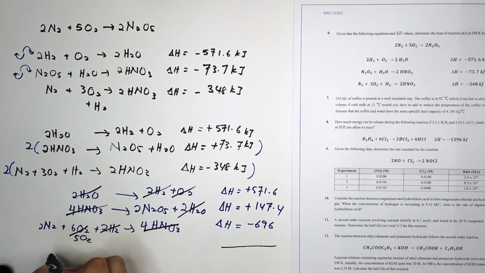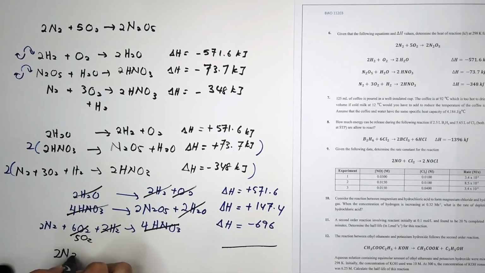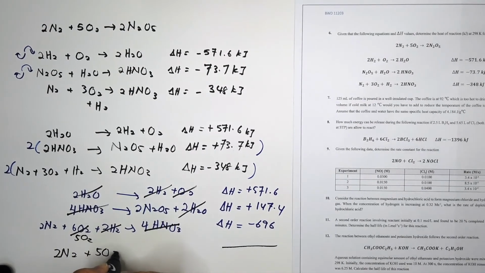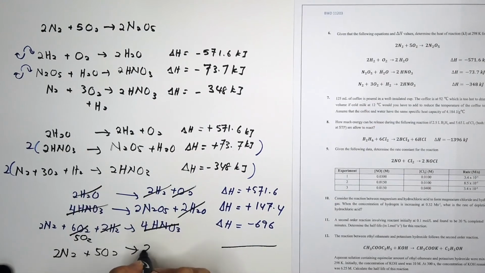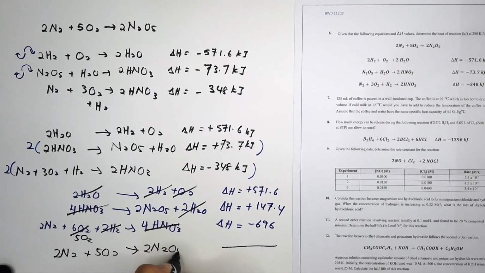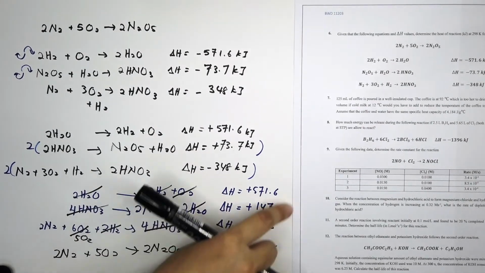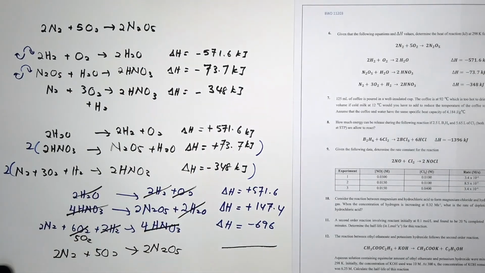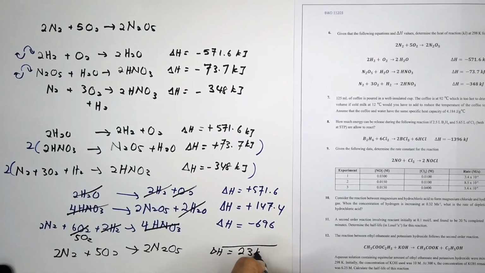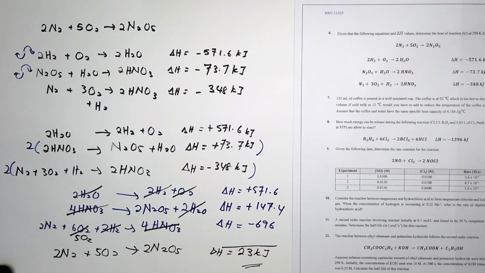So you just have to rewrite it: 2N2 plus 5O2 will produce 2N2O5. Then you just need to do the summation of the delta H values. You get your delta H equivalent to 23 kilojoules. So this is your final answer.